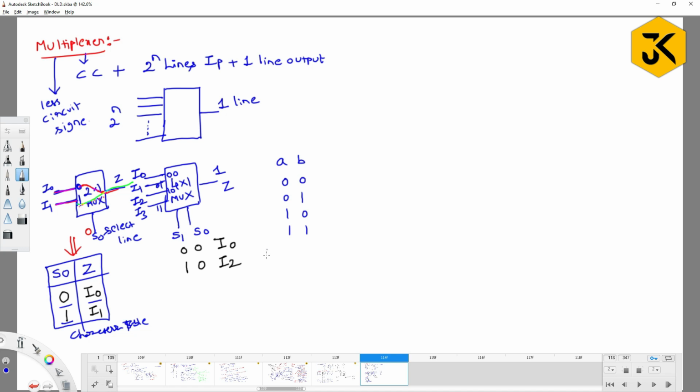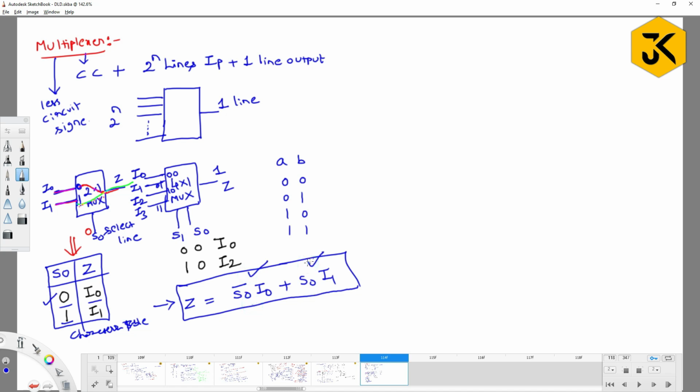From this, if I construct the equation, I can call it the characteristic equation. So what is the output for Z? Z can be written as S0 bar I0, or it may be S0 I1.